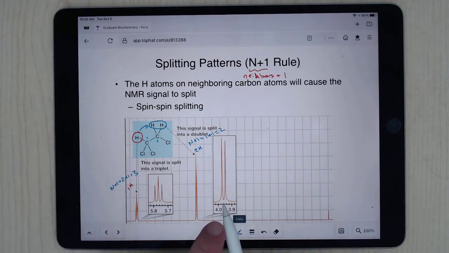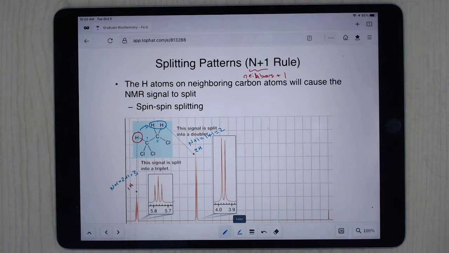So it gets split into 2 peaks because there's only 1 neighbor. It's not the fact that it's a CH2; it just means it has 1 neighboring hydrogen. So we'd have a signal that integrates to 1 hydrogen, but is split into a triplet. This signal here integrates to 2 hydrogens, but is split into a doublet because it has 1 neighboring hydrogen.